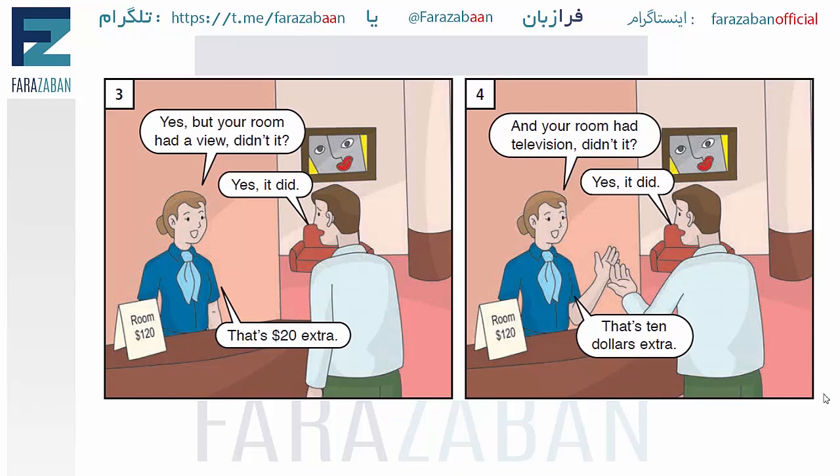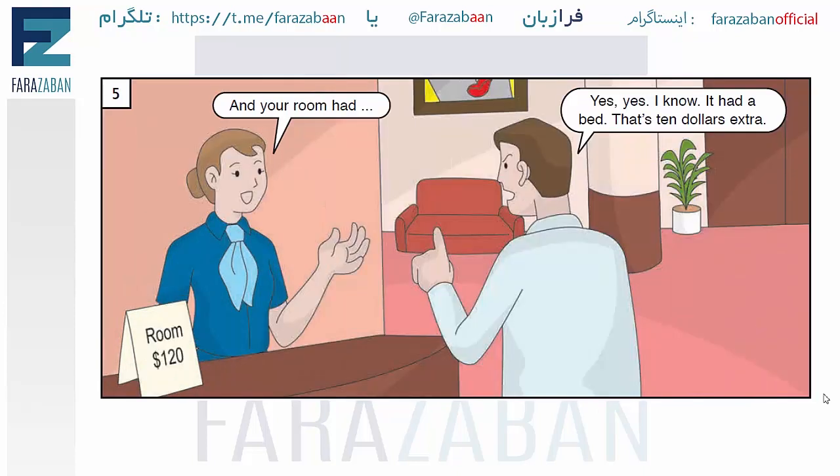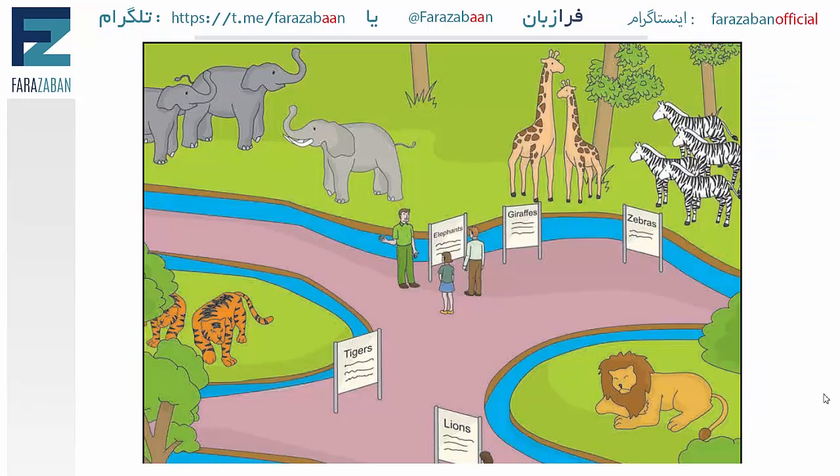And your room had television, didn't it? Yes, it did. اتاقت تلویزیون داشت نداشت؟ آره داشت. That's $10 extra. این میشه $10 اضافه. And your room had... حرفش قطع کرد. Yes, I know. It had a bed. That's $10 extra. عصبانی شد. میگه میدونم. یه دونه تختم داشت. این هم میشه $10 اضافه.